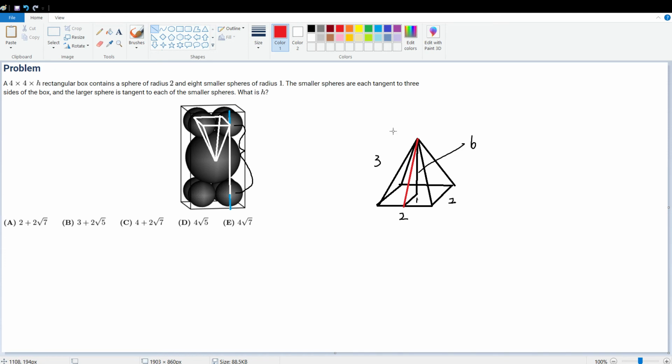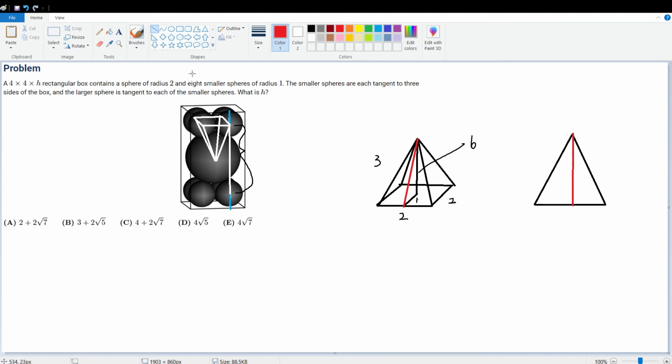Well, that's not terribly difficult because we can just imagine that we're looking at one of these triangular faces of the pyramid, and the slant height should be the altitude of the triangle. So let me just go ahead and try and draw the triangle here. One of the triangular faces like that, and I'll mark the altitude in red again.